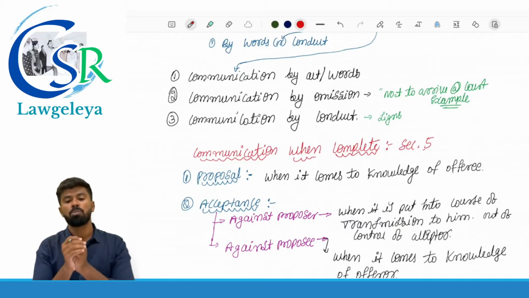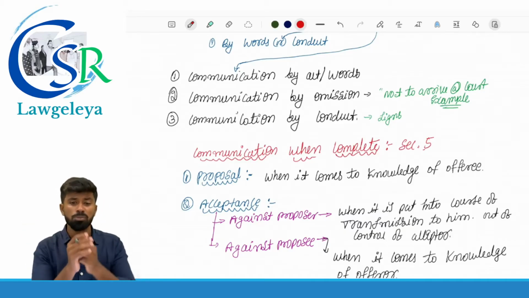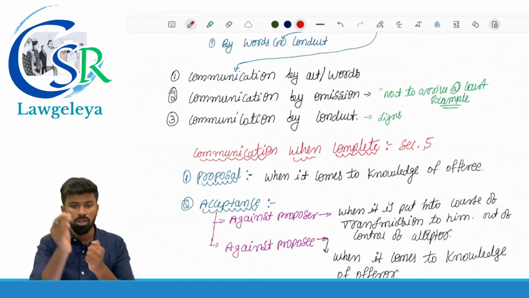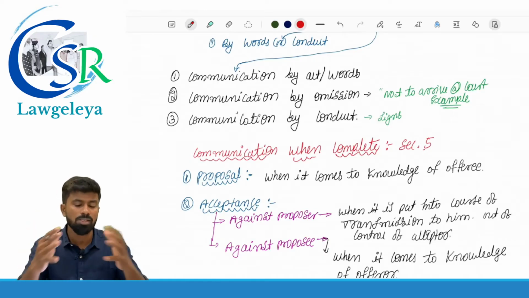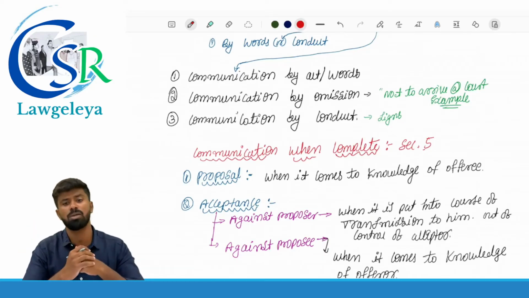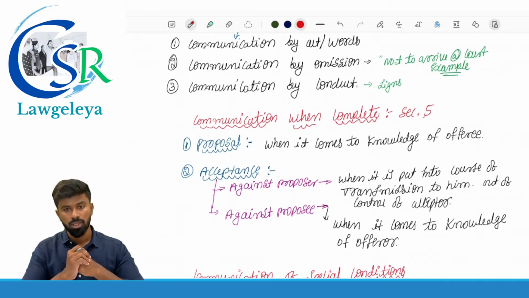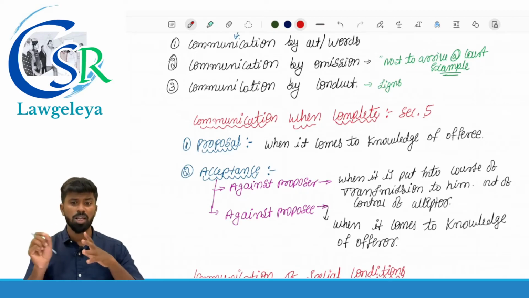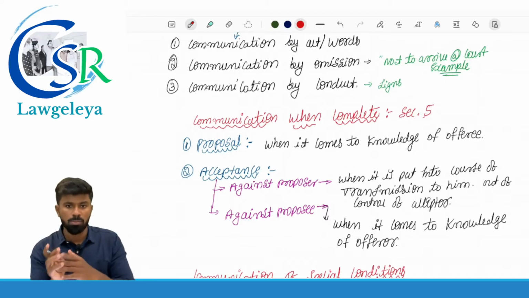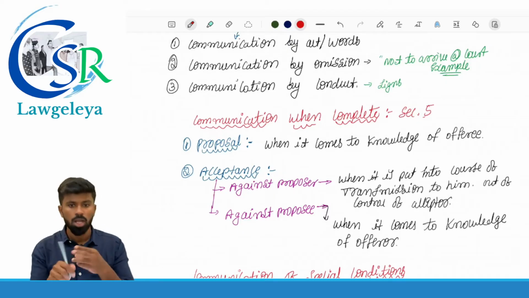A person made a promise to pay 1 lakh rupees if he does not come to the court. If a person does not come to the court, it means he has given the acceptance by omission of doing something. Next one, by conduct, where a person gives an acceptance by certain signs or pictures or by actions. So the communication of acceptance can be by words, by omission or by conduct.